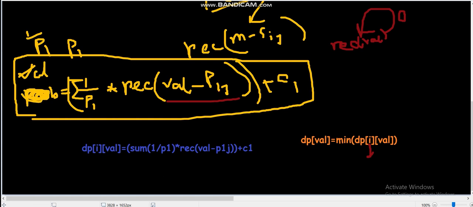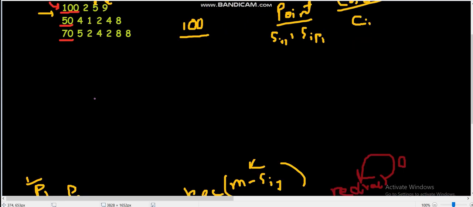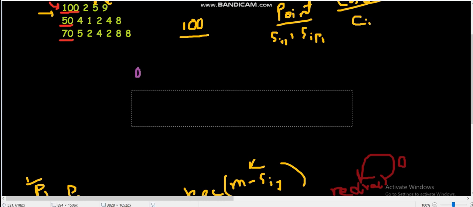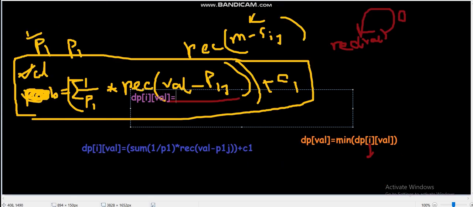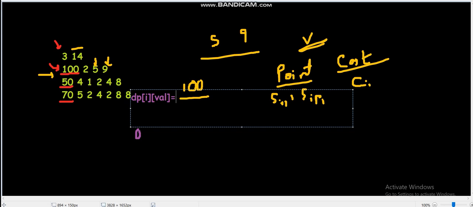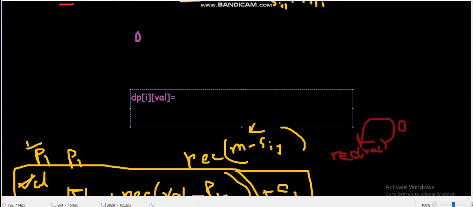So let me clear this and try to explain again. When we are choosing some value 0, we are going back to the same recursion step. So let's say dp[i][val] will be nothing but, I have written the formula here, the sum of 1 by p1 into rec(val minus a1j).